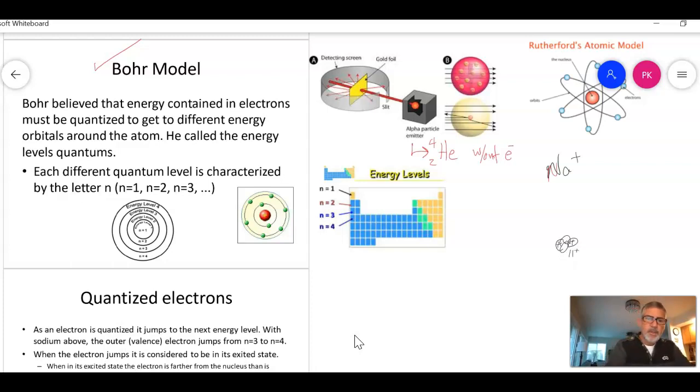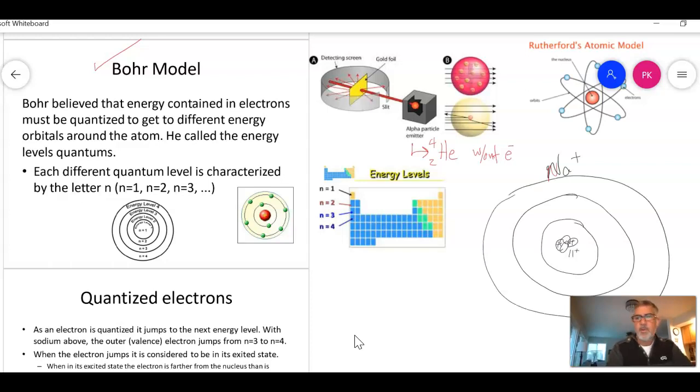What Bohr said is that around this are quantum energy levels. And if you look at your periodic table, those periods represent different quantum energy levels. So the first level is n equals 1, second is n equals 2, and then I have n equals 3, because sodium's on the third level.